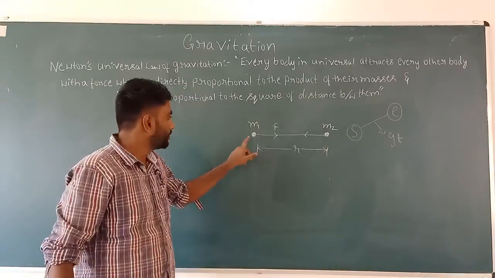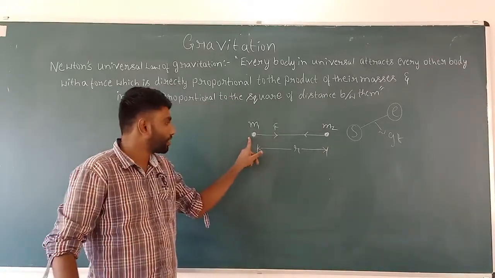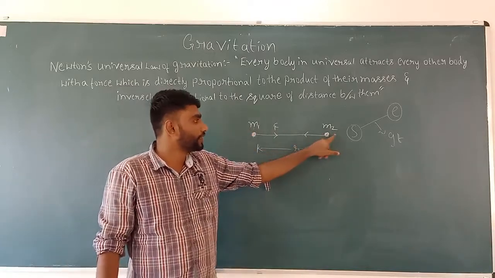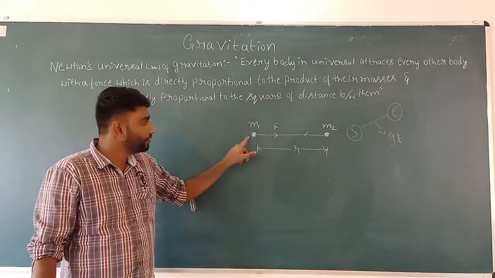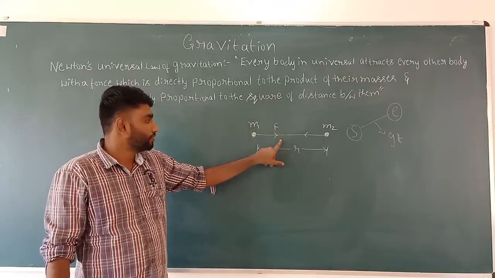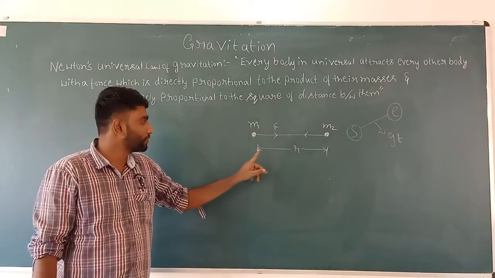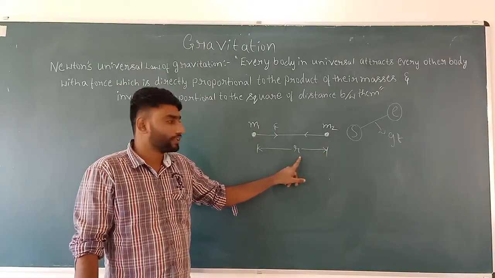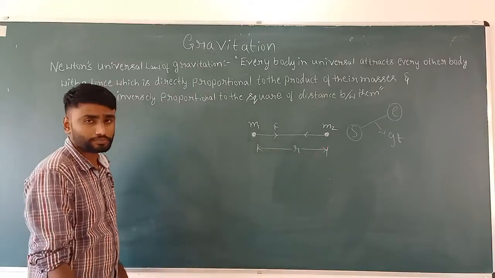So consider any two bodies or objects having masses m1, m2. Between the two bodies there is a force and the distance between them is r. Okay, next.